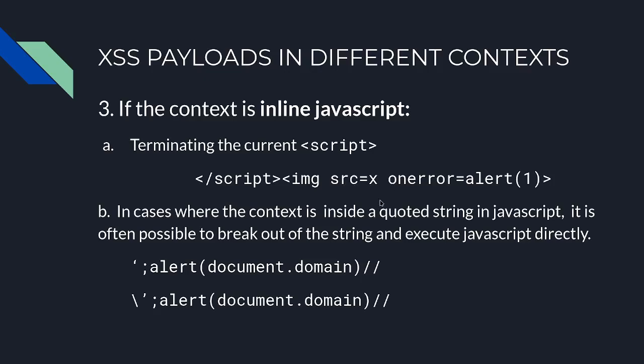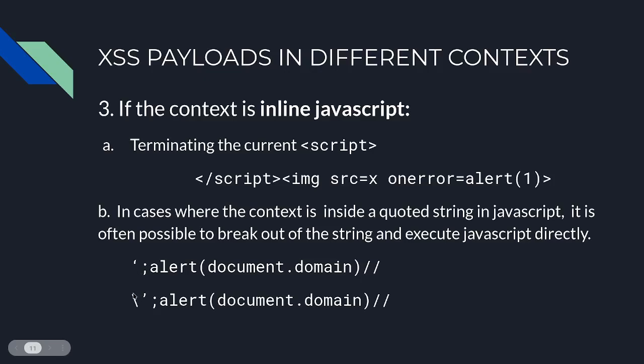And then if it's going into a string in JavaScript, you can attempt to break out of the string, and then alert and call your JavaScript functions that you would like in order to execute your payload. In some cases, JavaScript will try to prepend a backslash in order to ensure that certain characters are escaped.